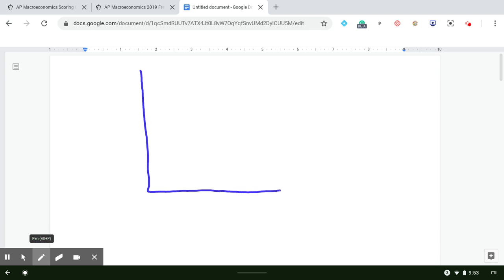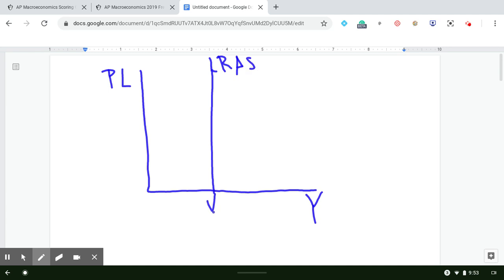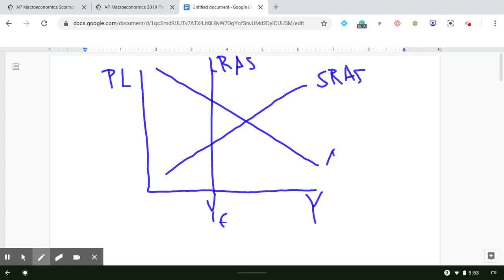So AS-AD curves, output versus price level. We have a long run aggregate supply curve. This represents our full employment level. We have an upward sloping short run aggregate supply curve and a downward sloping aggregate demand curve.